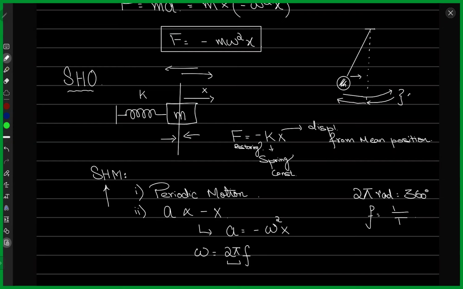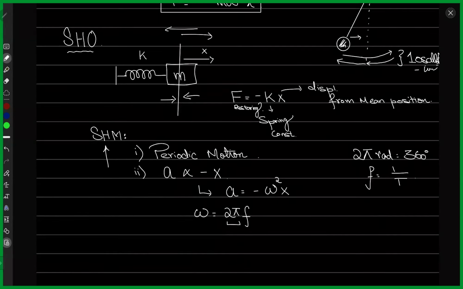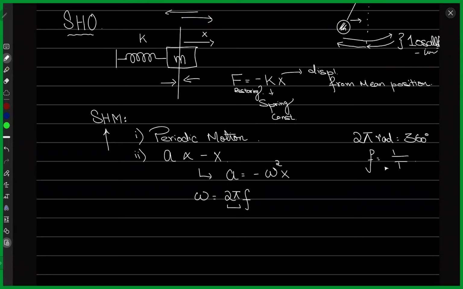Now, this thing is one oscillation, right? And the time it takes for this to happen is the time period, and this is f. So I can write down this angular frequency as 2 pi divided by the time period of the oscillation as well.